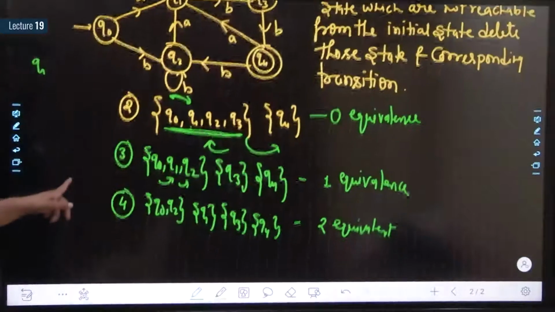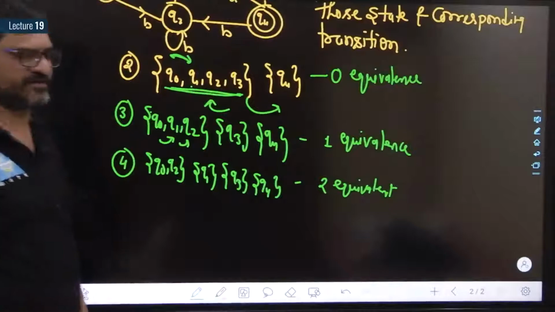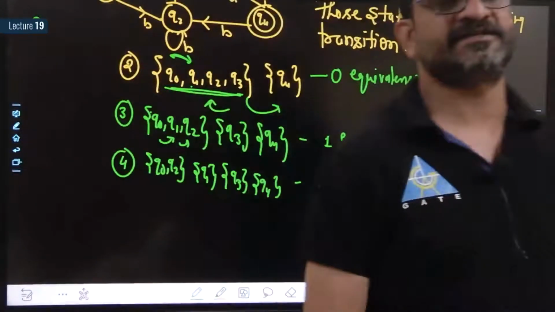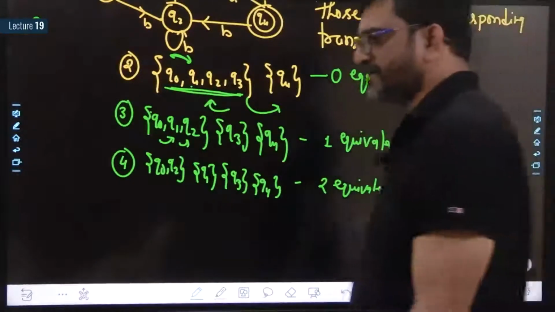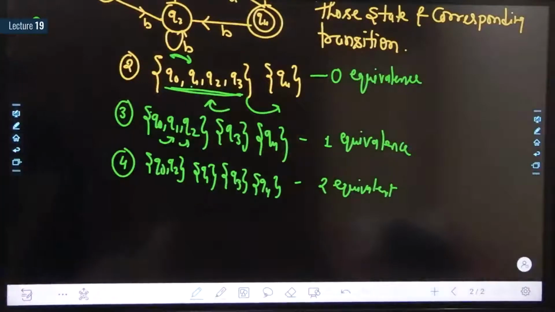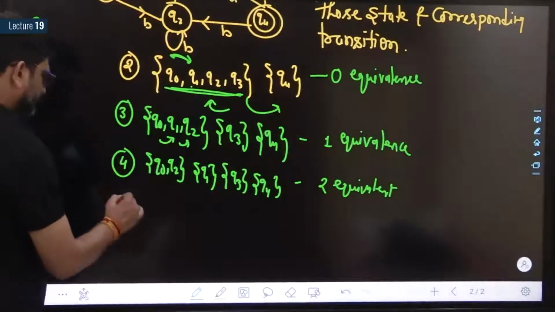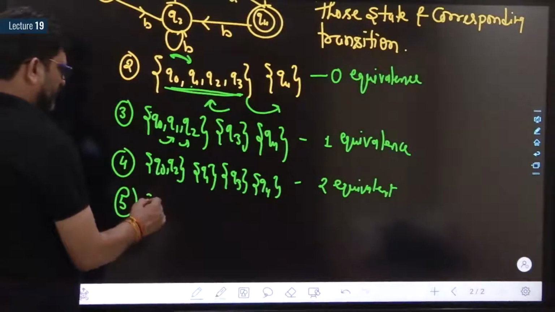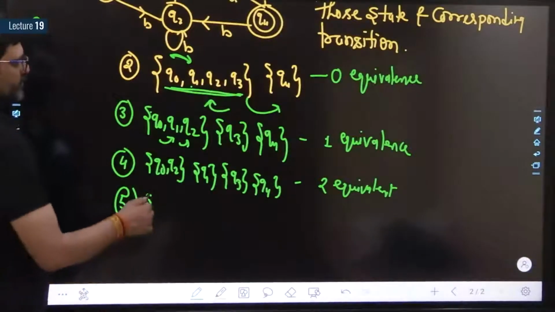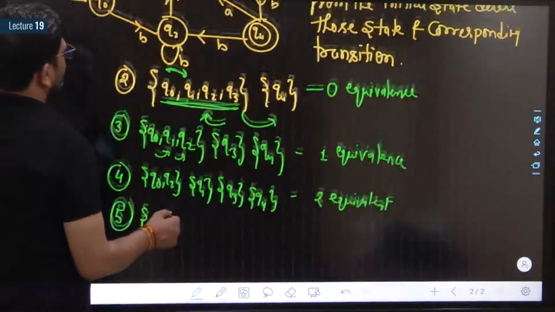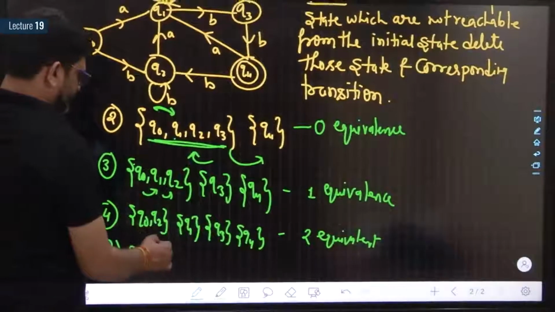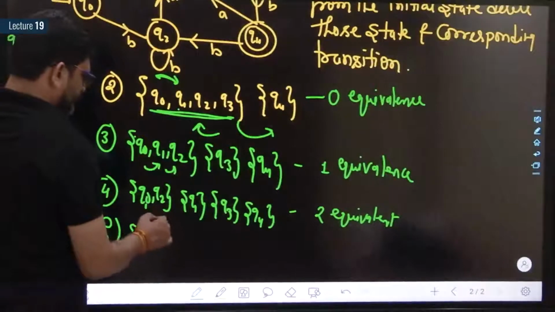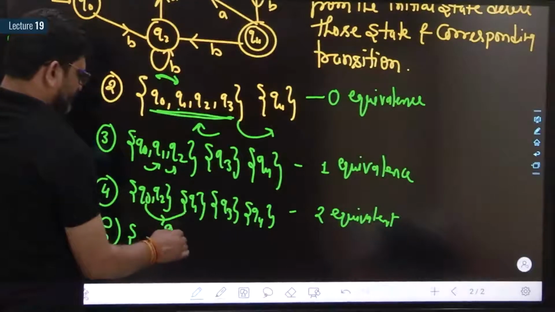Next, check whether these two sets are equivalent or not. Q0 and Q2: are they equivalent? Q0 on A, Q1.